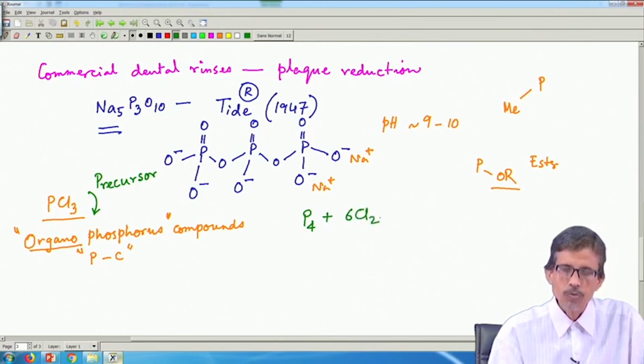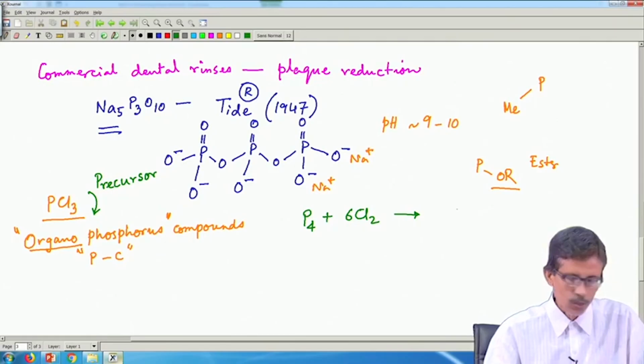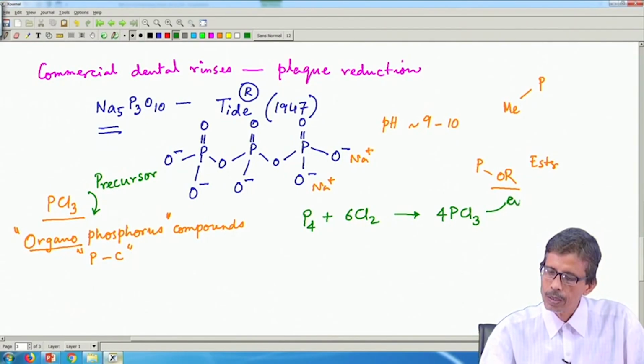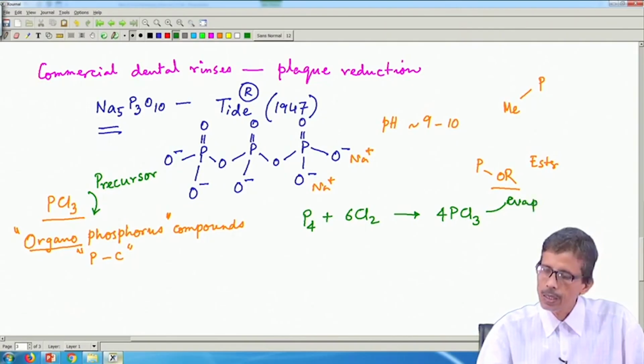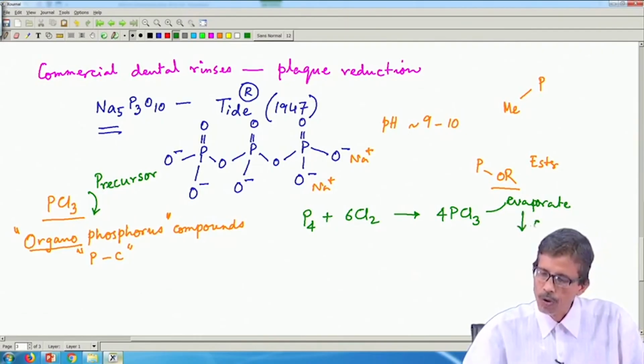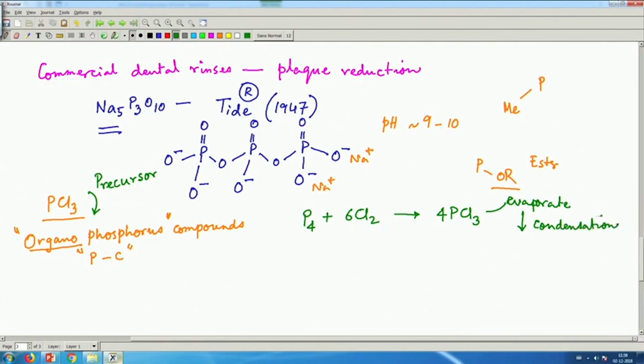If we pass chlorine gas over it, it is converted to 4PCl3. This then goes for evaporation, and from that evaporation, if we go for condensation, we get back this particular PCl3.